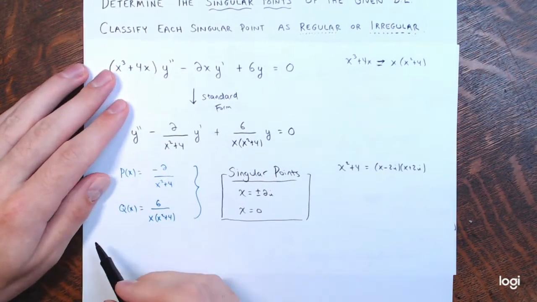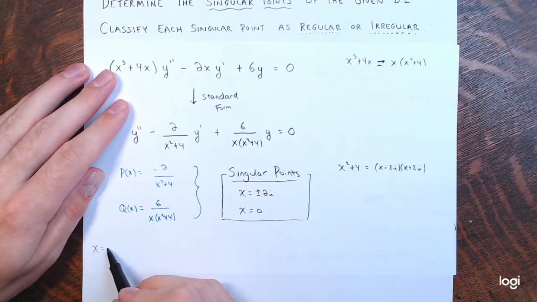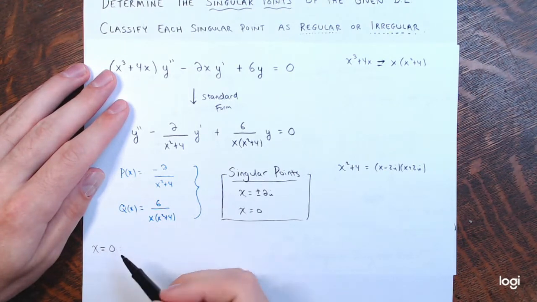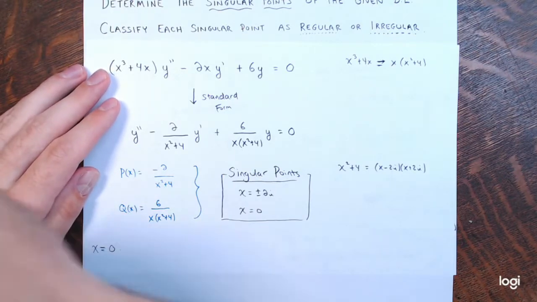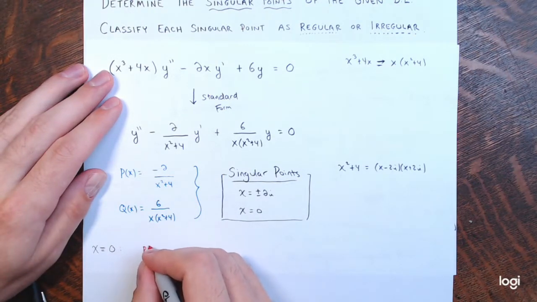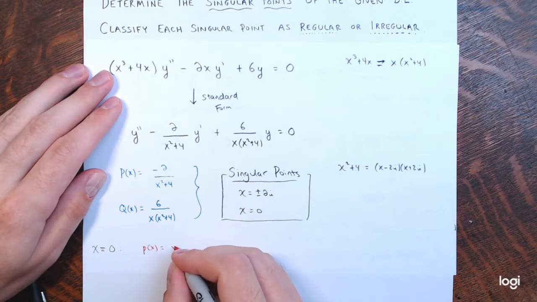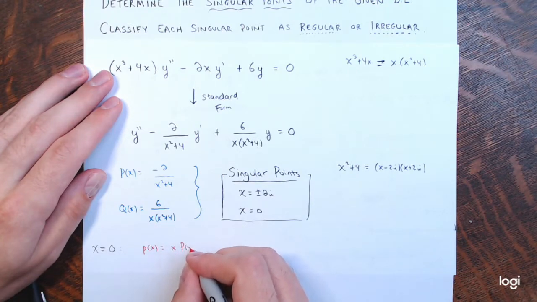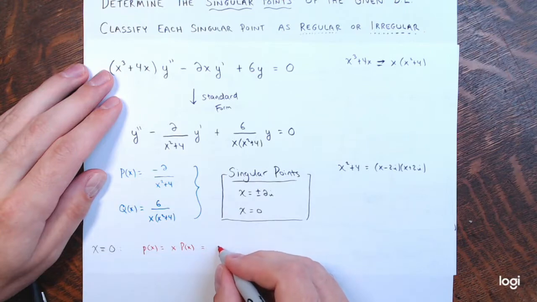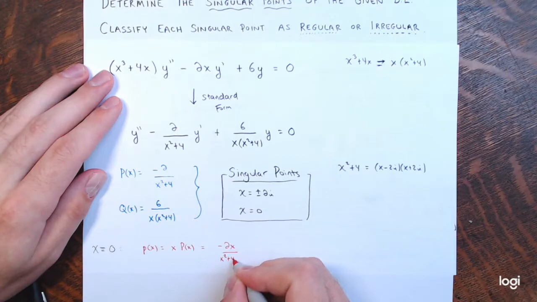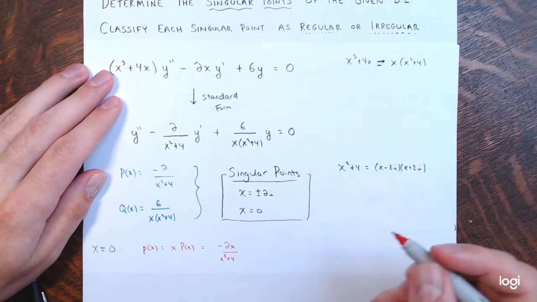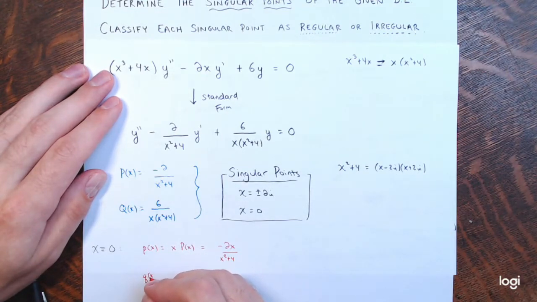All right, so x equals 2i. Well, let's start with x equals 0. So I'm going to form that little p and little q. All right, little p would just be x to the first times capital P, which is -2x over x squared plus 4, or x minus 2i times x plus 2i. And then the little q, x squared times capital Q, would be 6x over x squared plus 4.